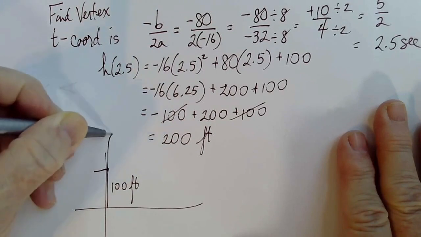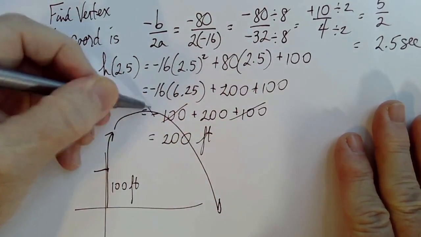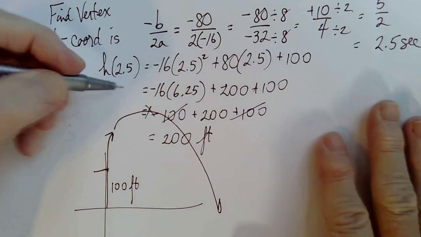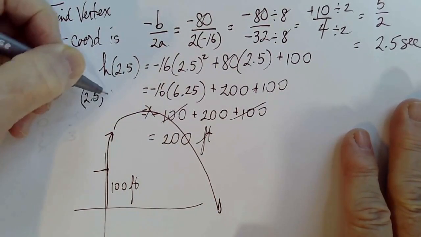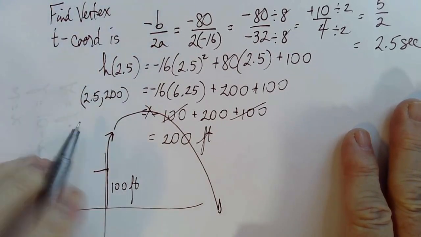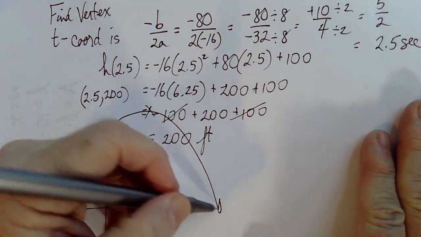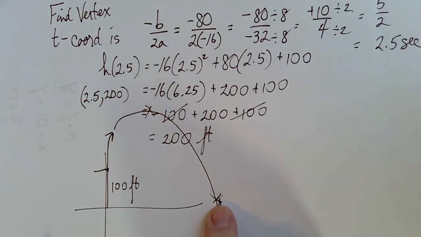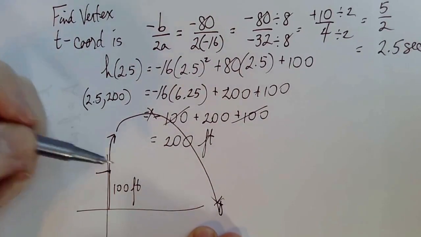The ball goes up and then down. We found our max already. The coordinates of our maximum point are 2.5, 200. So 2.5 seconds, 200 feet. And now we want to find the t-intercept so we can see how long it took the ball to land.